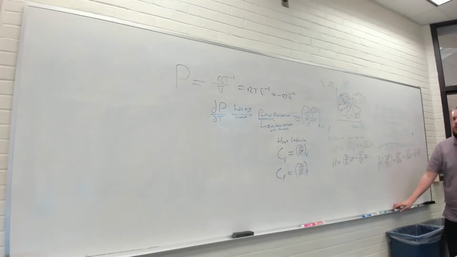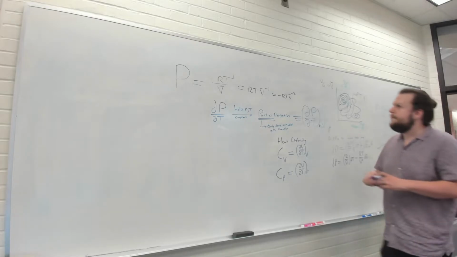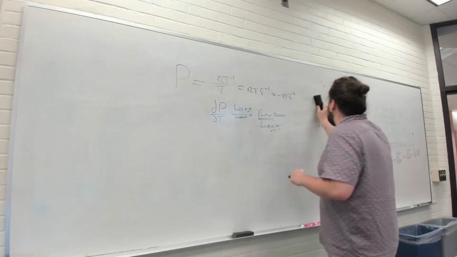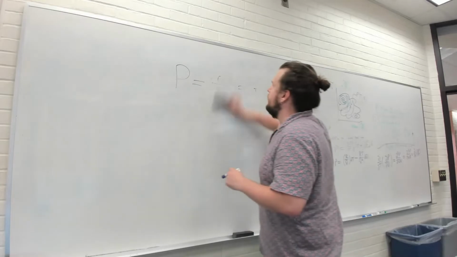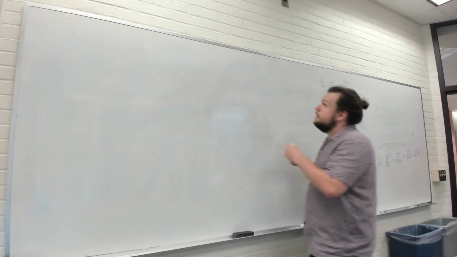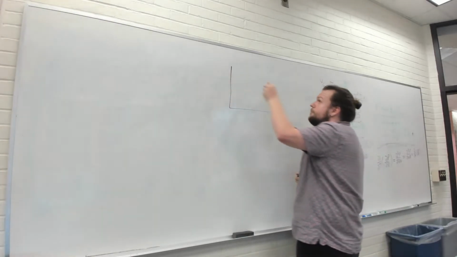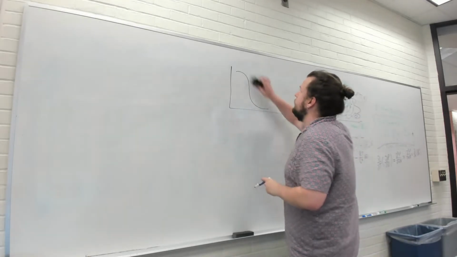I'm going to mention something about double derivatives while we're here. I want to talk a little bit about the idea of a second derivative because there's a nice graphical explanation for it. I'm sure you've seen this before. Let me do a different curve.